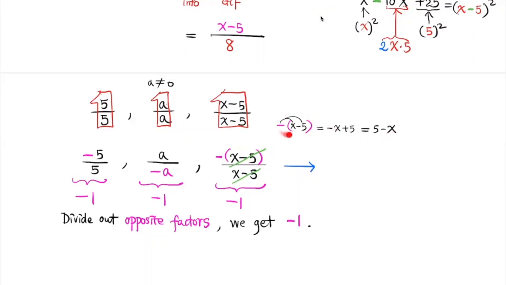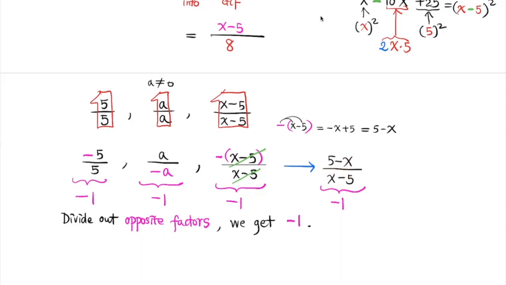So this is equivalent to 5 minus x. Now we recognize that 5 minus x is the same as the opposite of x minus 5. We can rewrite that as 5 minus x over x minus 5. And when we simplify this, we'll get negative 1 also, because these two factors are opposite.